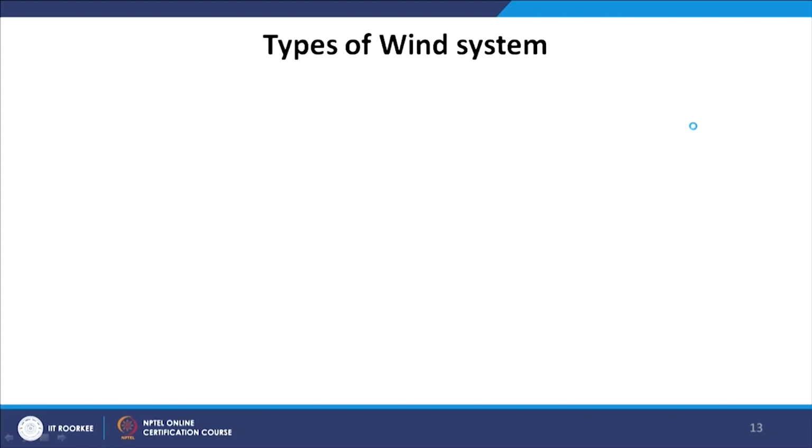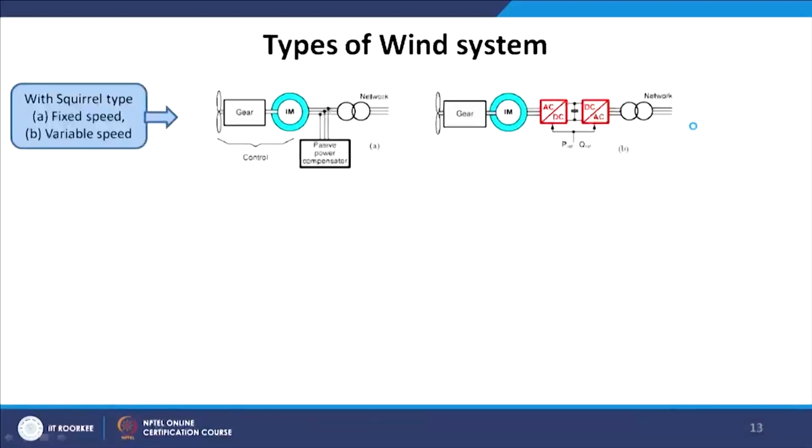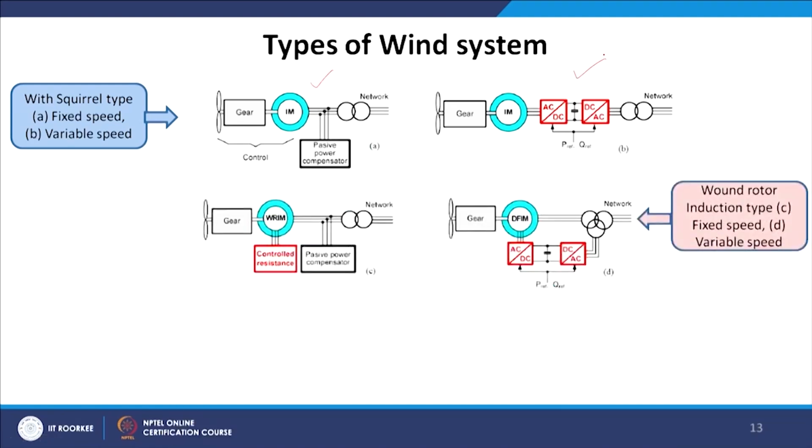Now, let us move quickly to the different types of wind systems. With squirrel cage type, we do have two different types, fixed speed as well as variable speed, and this is my fixed speed type representation, and this is variable speed type representation. Now, we will move to the second type of wind system, which is wound rotor induction type.